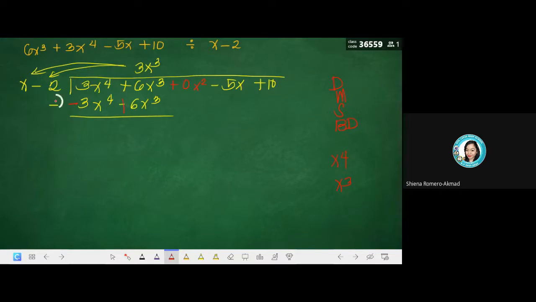Then, proceed to addition. So, this will be 0. If you add this, 6 plus 6 is 12. So, we'll have 12x cubed. Then, we will bring down. So, bring it down natin yung 0x squared.